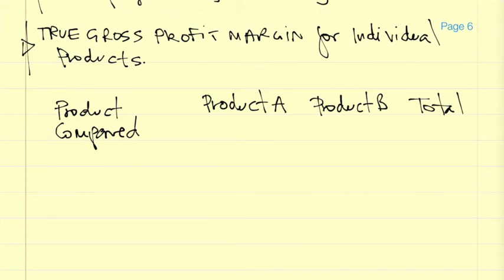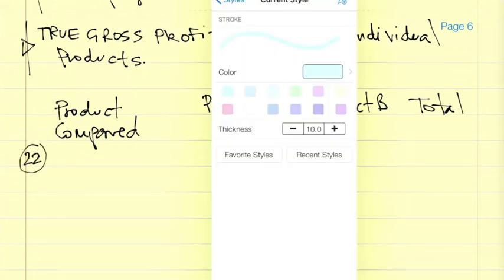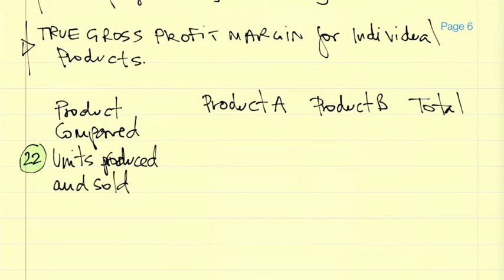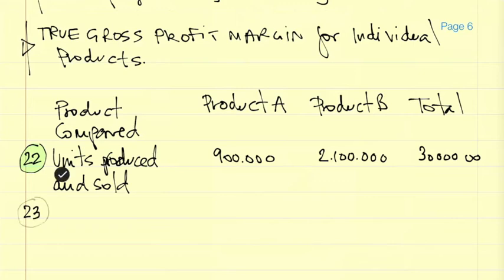So position number 22 of our big table are the units produced and sold. I repeat it so that we have it already here. We know this. Okay, so we have a total of 3 million units sold and produced.